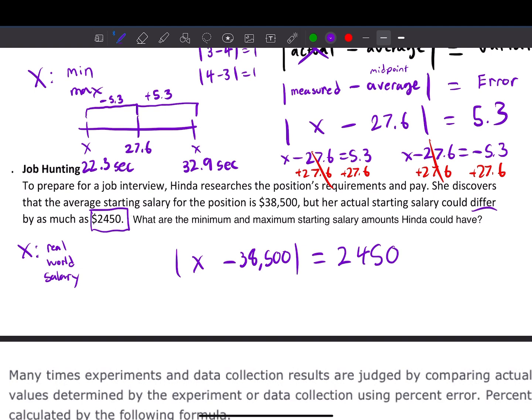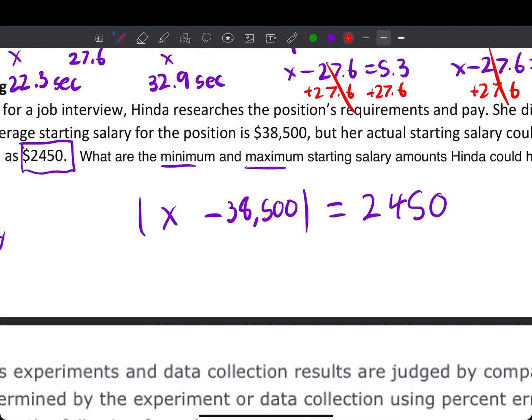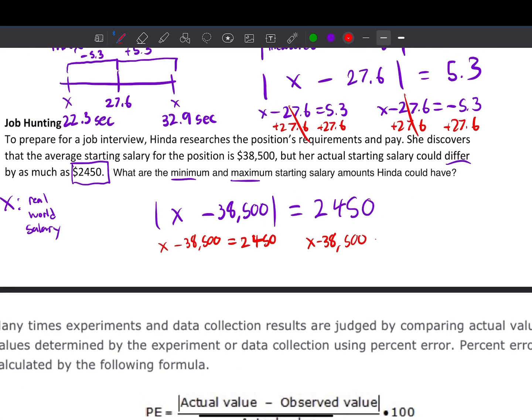So if I wanted to solve this for the min and the max, I would say, yes, this is possible. Split it. x minus 38,500 equals 2,450. And then we have x minus 38,500 equals the opposite, negative 2,450. And then we're just going to do some quick maths and add 38,500 to both sides.